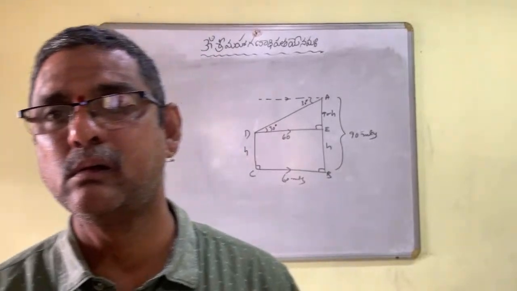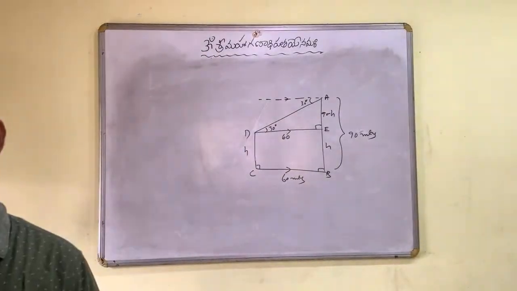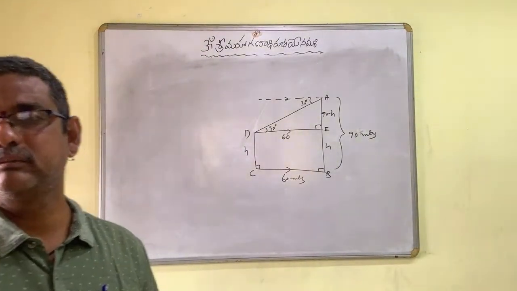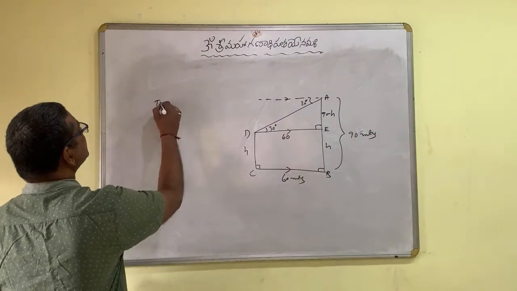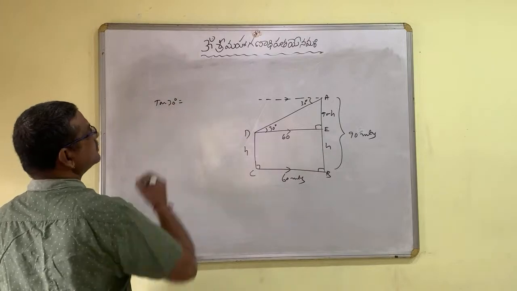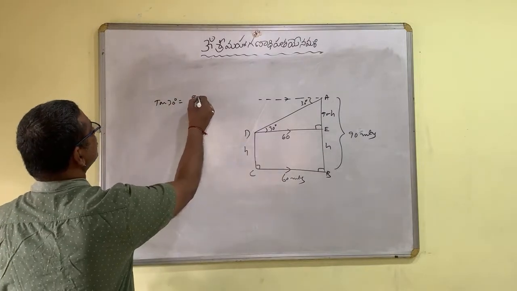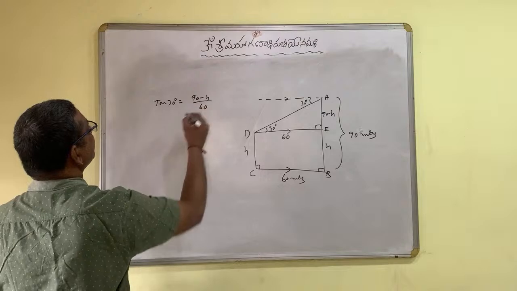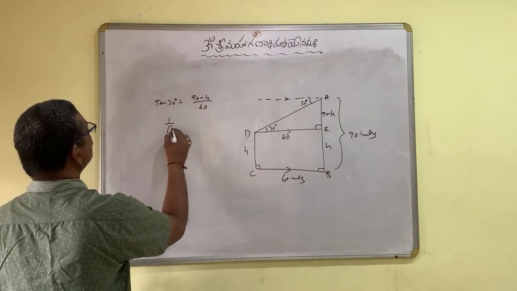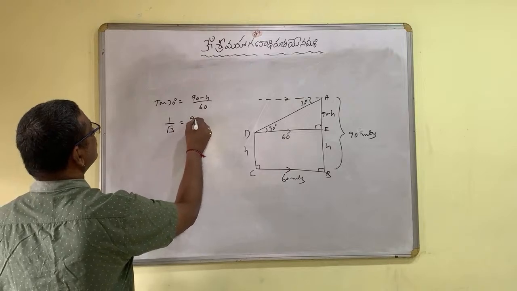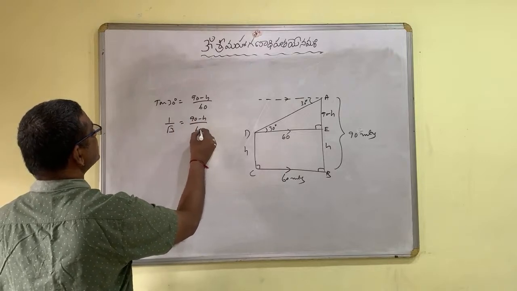Yes, 90 minus 60 root 3. Tan 30 degrees is equal to 90 minus h by 60. 1 by root 3 is equal to 90 minus h by 60.